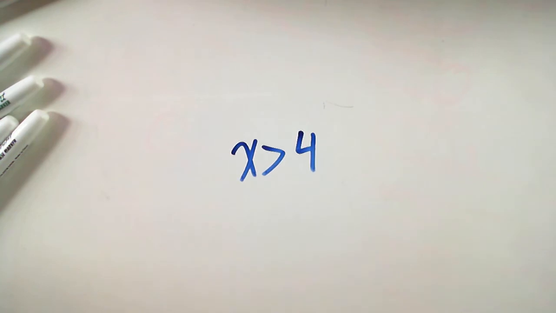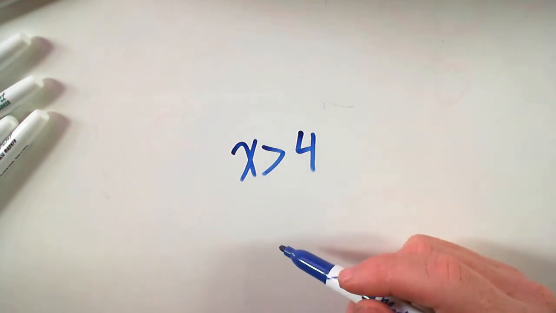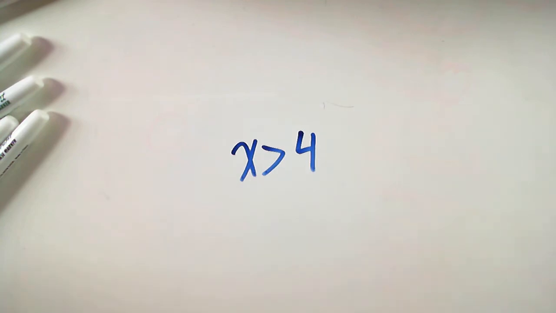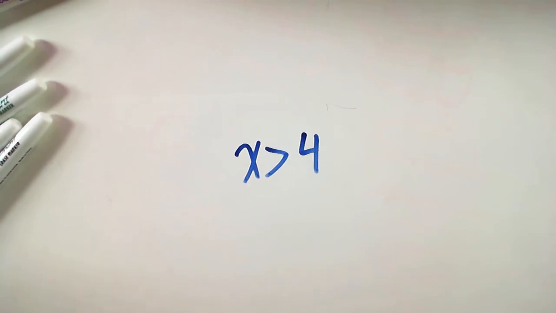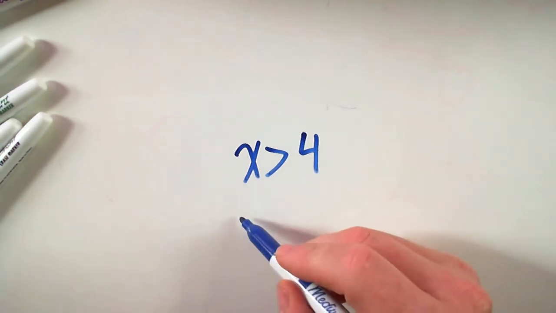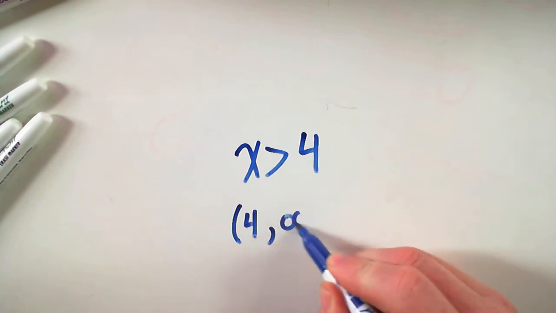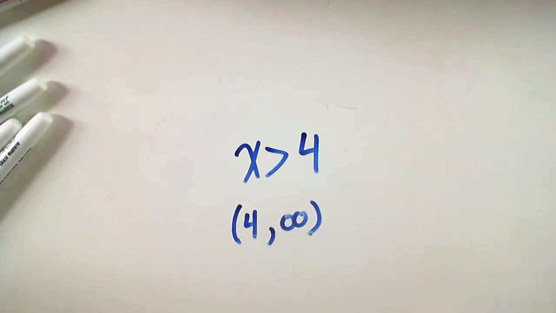In interval notation, we work with that by looking at where the interval starts and where the interval ends. So the interval here would start at 4 and it would end at infinity because it never ends.